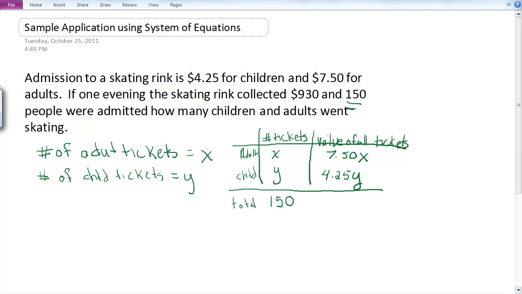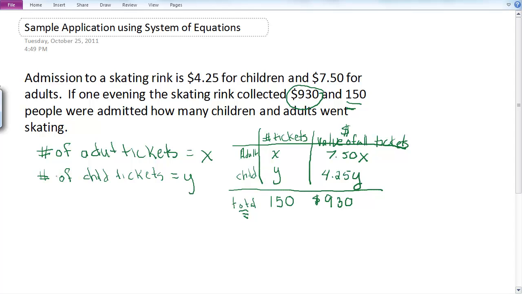The total value for all the tickets purchased was $930. So this column represents our money. This column represents the individual items. So really, if you can collect this information, you have your equations ready for you, because the idea is you have a total, and total means to add.